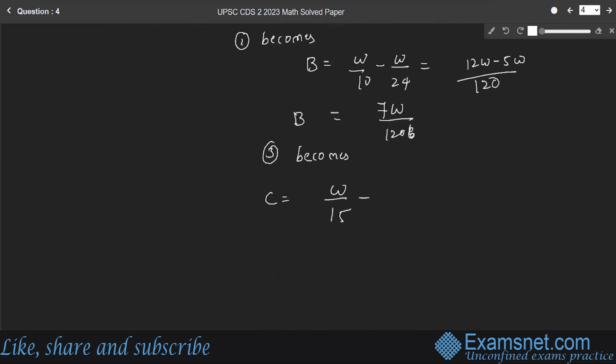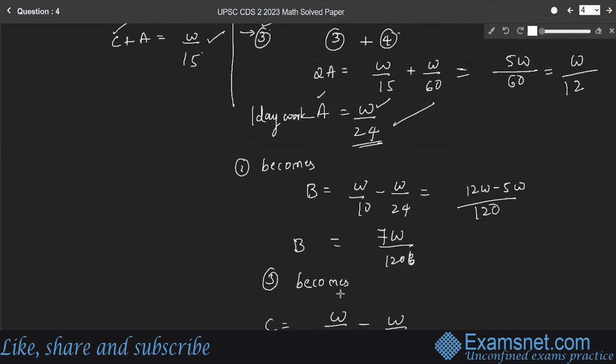Again, the LCM is 120, since it is divisible by 15 and 24 both. So, 15 into 8 is 120 and 24 into 5 is 120. Therefore, it is 3W by 120 or W by 40. C takes 40 days of time to complete W amount of work.